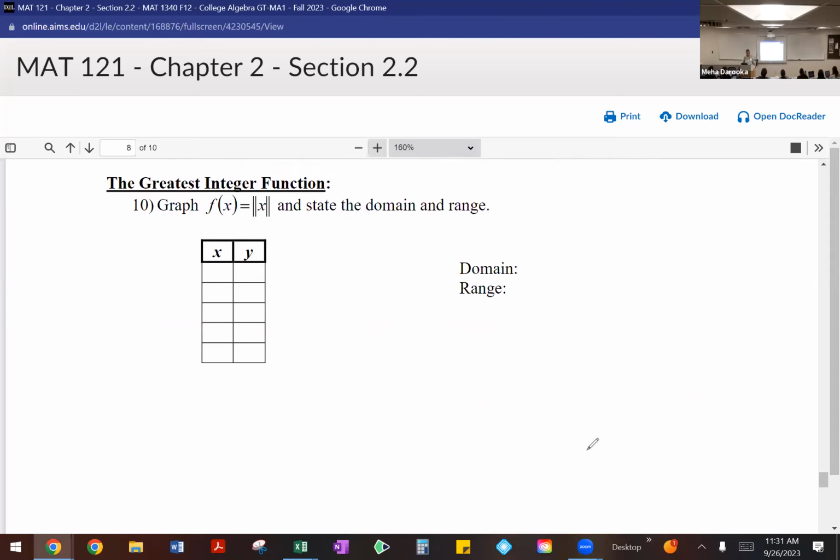So let's take a look at this. We are trying to see what the graph for this function will look like and come up with its domain and range.